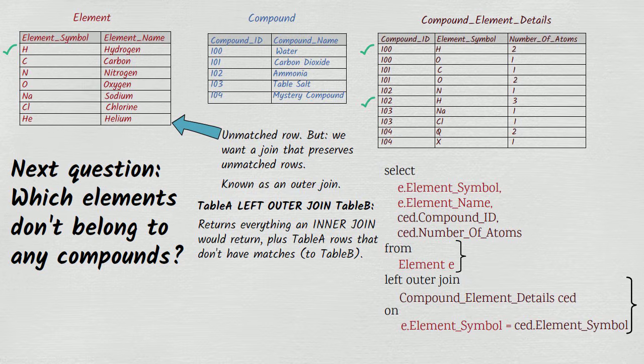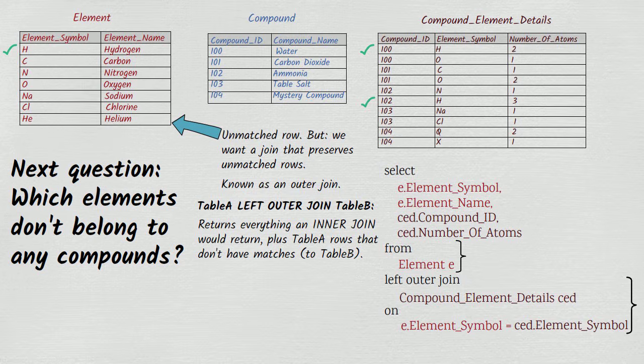If it succeeds in finding matching rows in table CED, then it's going to return each matching CED row with the corresponding E row information glued onto it. In other words, the join gives us all matching combinations of E rows and CED rows, matching in the sense of sharing the same value of element symbol.